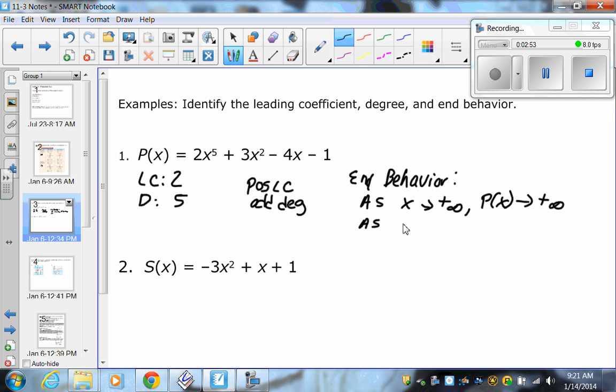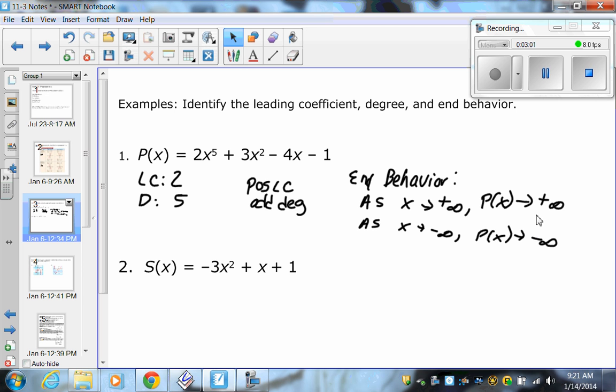And as x approaches the left, the negative infinity, your function approaches negative infinity, which means it's going down. Ultimately, whatever happens in the middle, we're not really concerned with end behavior, but in the end, your graph is going to take on something where the left is pointing down and the right is pointing up.